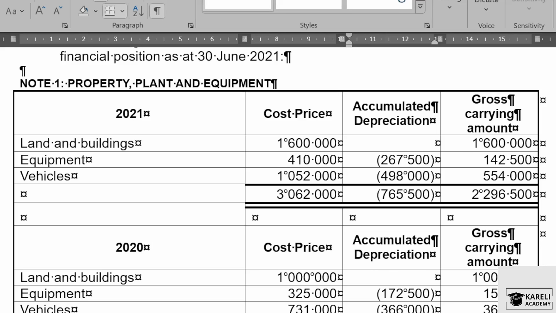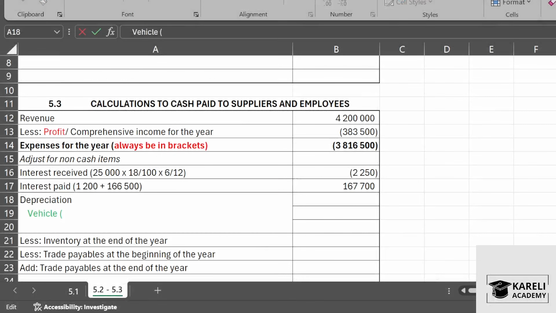Now, the depreciation for the year, vehicle. Let me do this and change the color so that we understand. Now vehicle, we take vehicle.